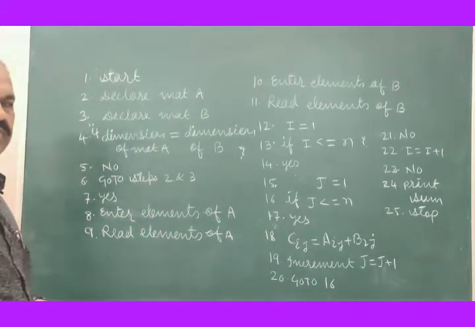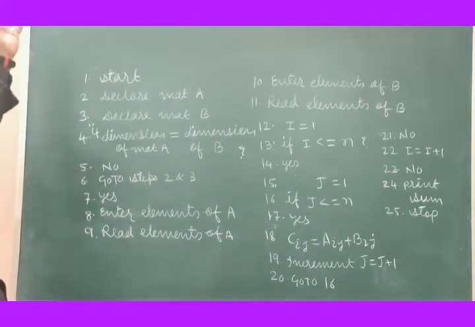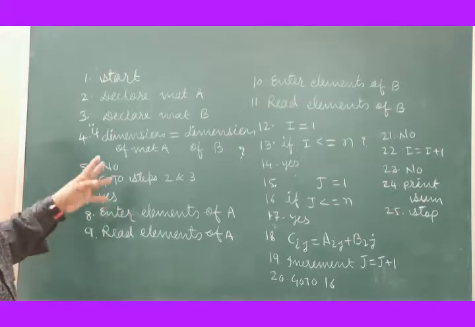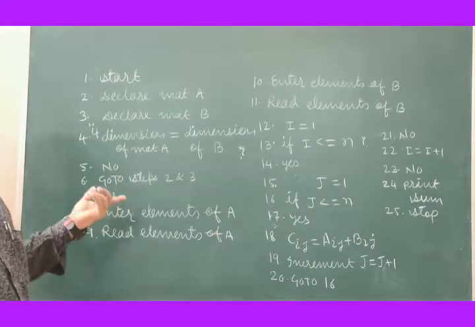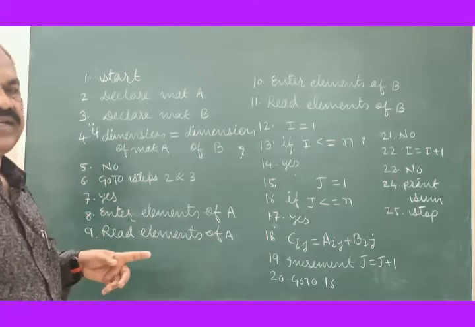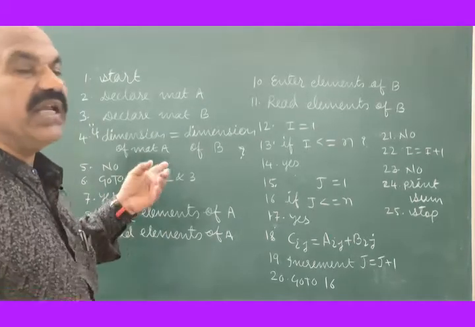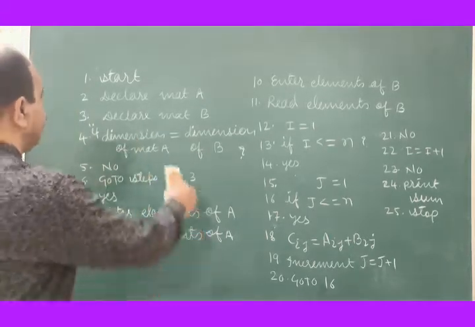This is the algorithm, rough idea for algorithm for sum of two matrices. We shall make use of these steps to draw flowchart for addition of matrices. The things will be more clear in flowchart.